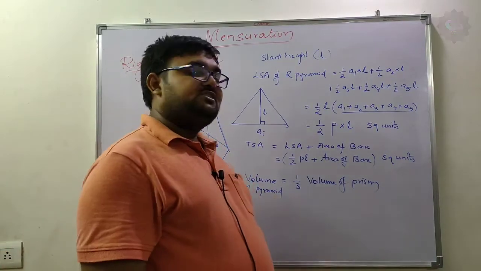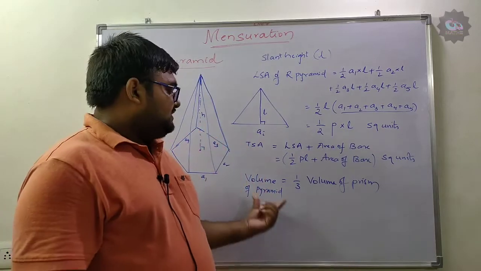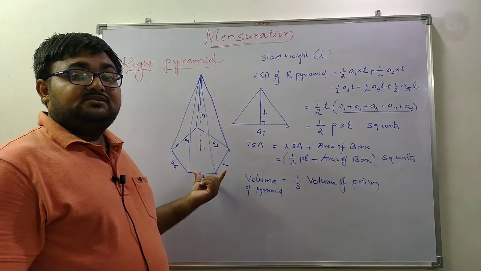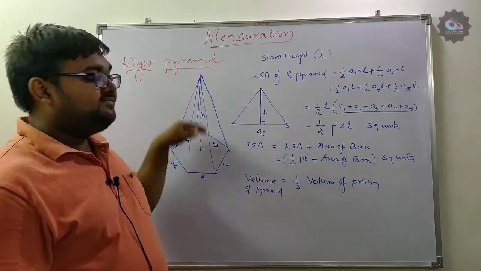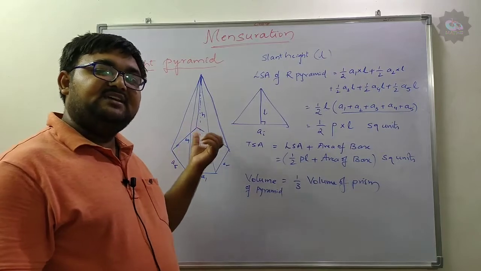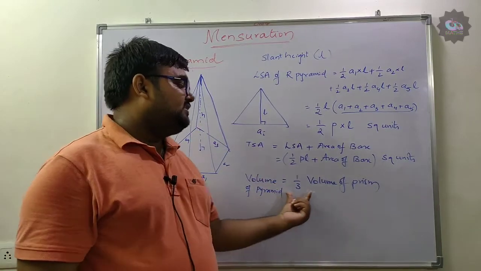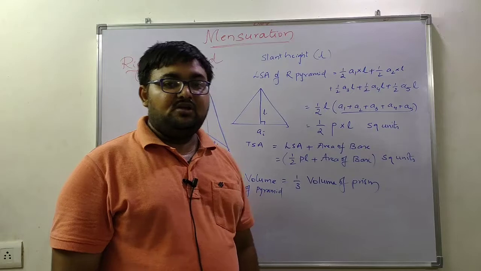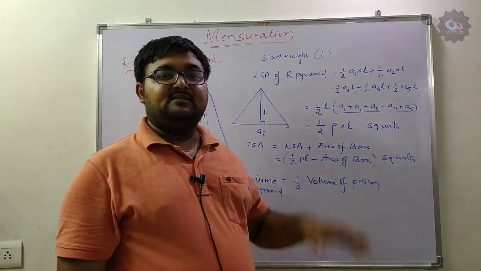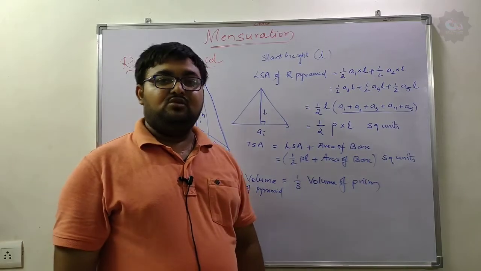This case is possible only when both are having the same bases. So when they have the same base and the same height, that means their bases and heights are the same, then we can say that the volume of a pyramid is equal to 1/3 of the volume of a prism. Already about the volume of a prism we have discussed in our previous video, so you can go through that.